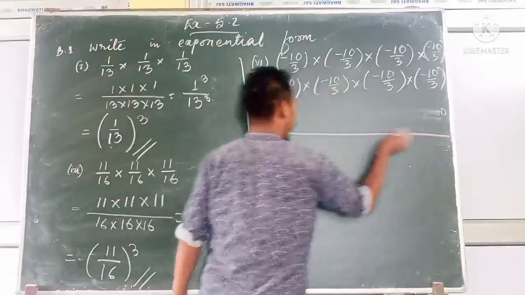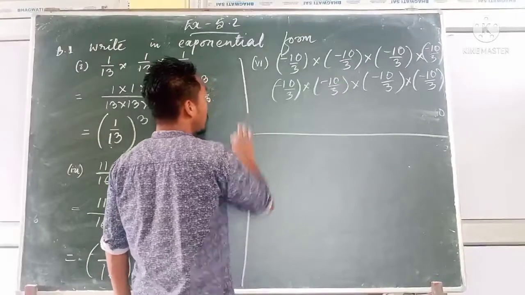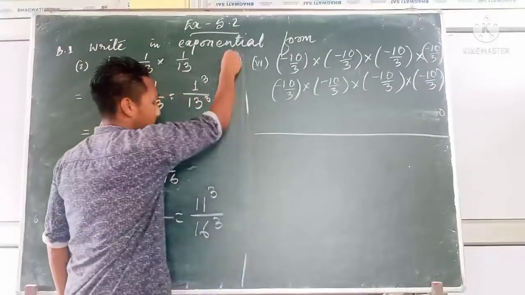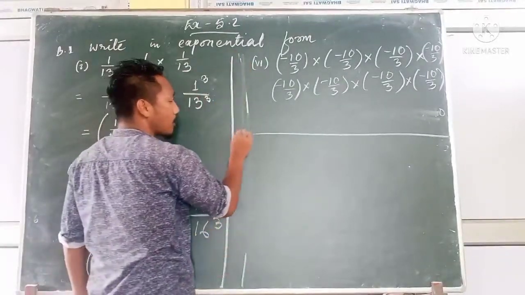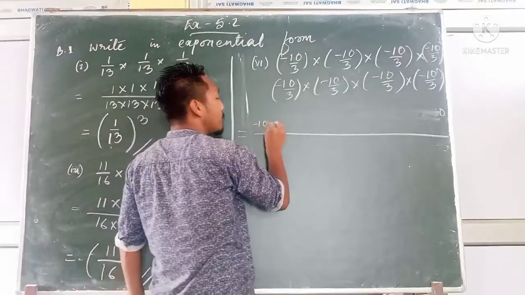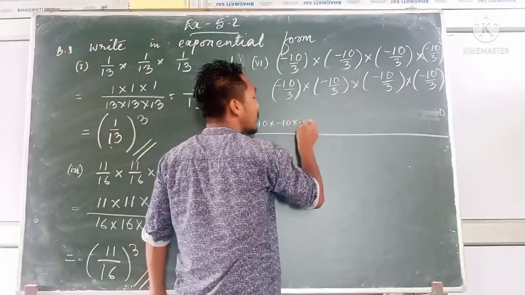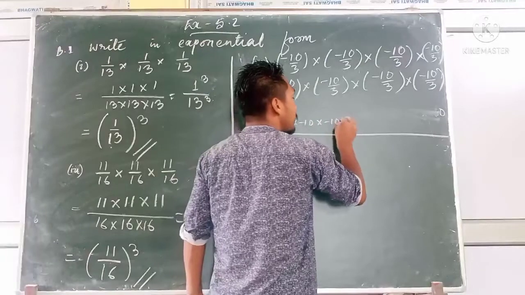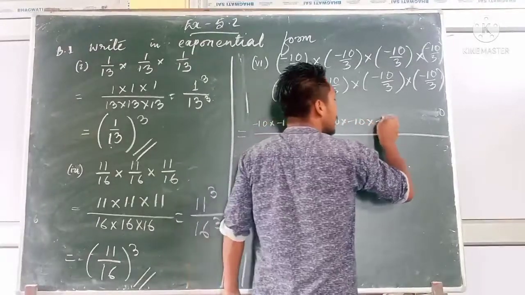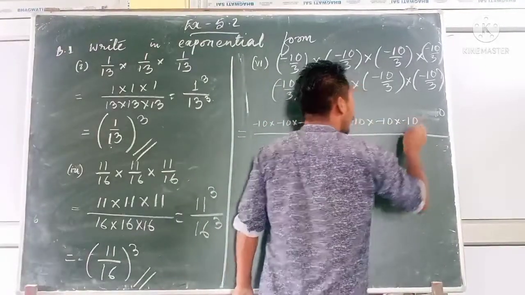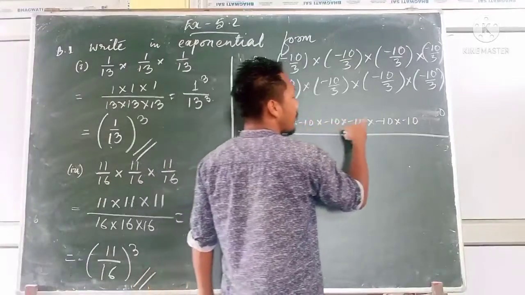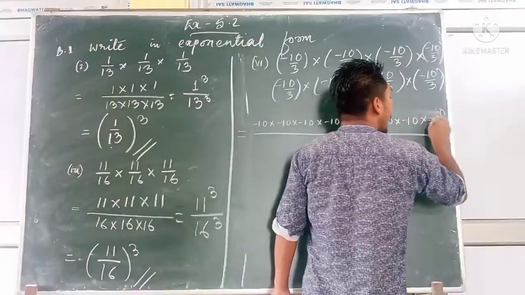Very big numbers we have. So this is what we have: minus 10 into minus 10 into minus 10 into minus 10 into minus 10 into minus 10 into minus 10, one more minus 10.